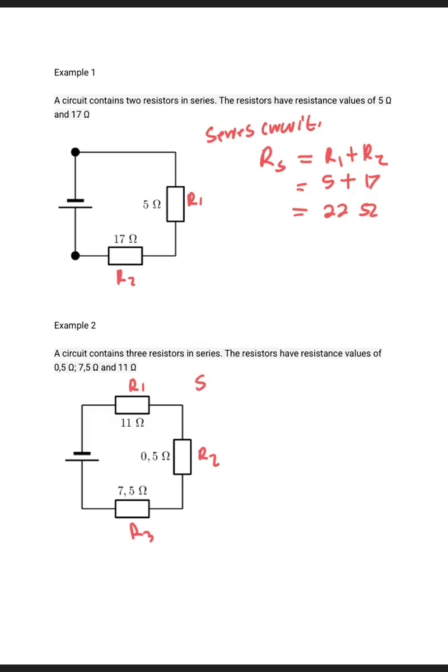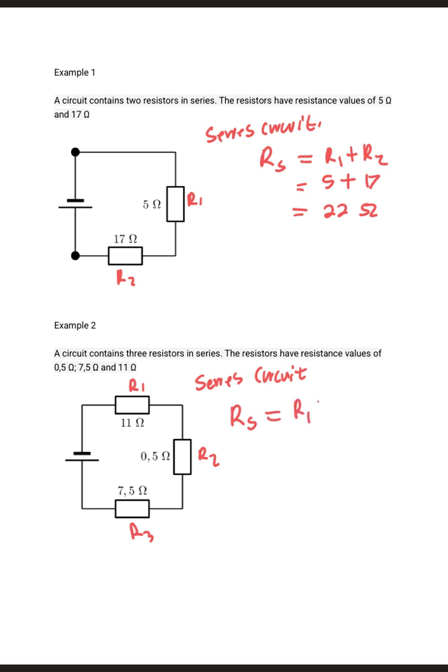Because this is a series circuit, again, how do we know it's a series circuit? A series circuit is when the resistors are all in the same wire. Can you see that all these resistors are sitting on the same wire? So they are in series. That's what it means to be in series. It means they are all on the same wire.